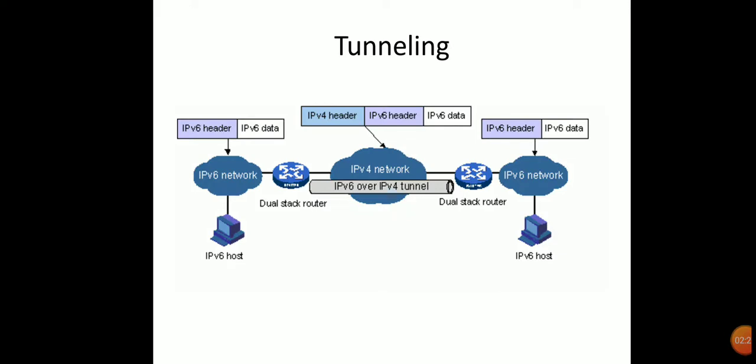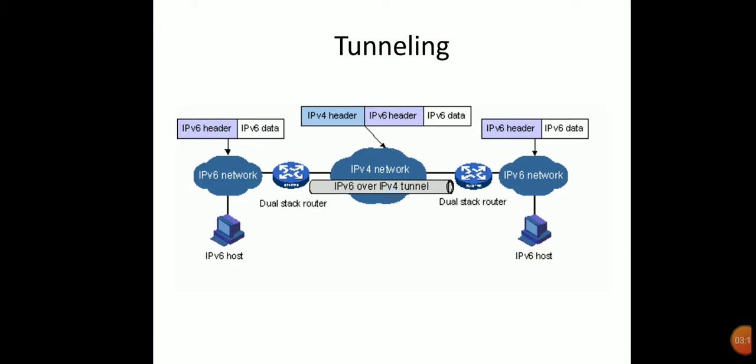Now the second transition method from IPv4 to IPv6 is tunneling. In tunneling, with IPv6 header and IPv6 data, one host is using the IPv6 communication network, and another destination side IPv6 host is the destination point. Both networks use the IPv6 version of the protocol, so the header and data will be IPv6 header and IPv6 data. At the intersection of the routing section, the node will be a dual stack router.